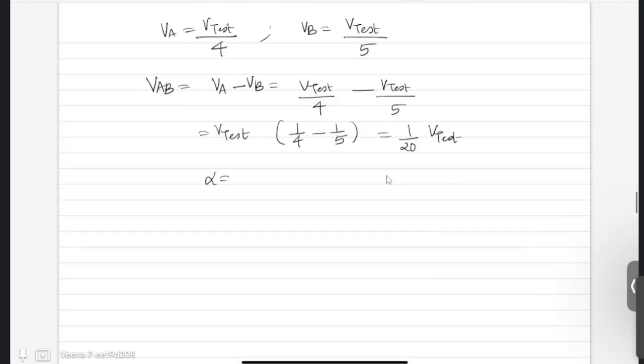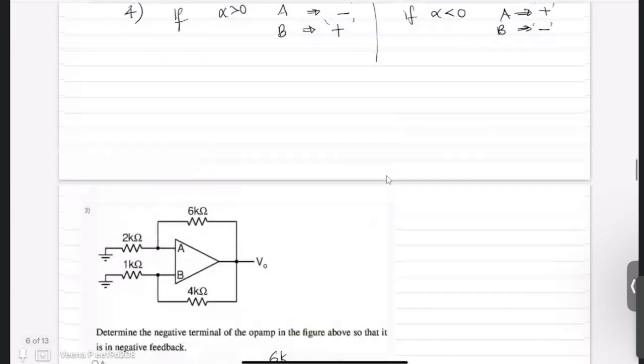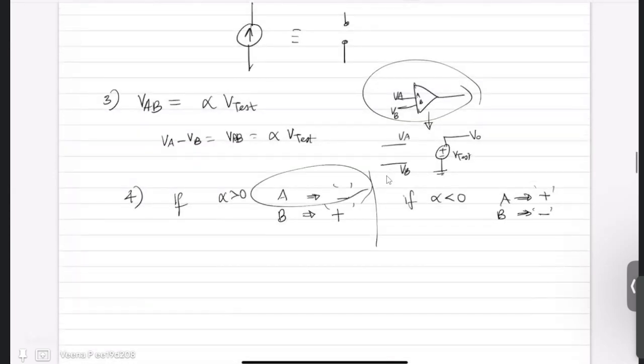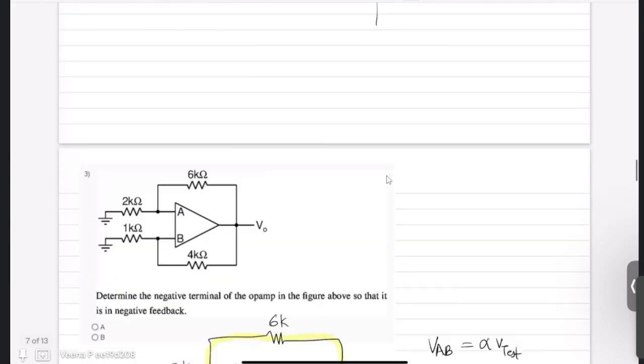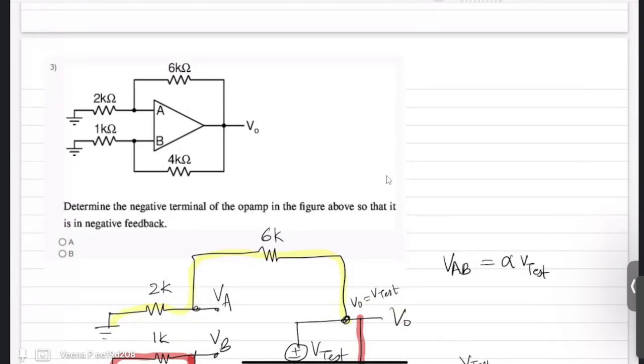So your alpha is 1 by 20, which is greater than 0. That means your terminal A is inverting and your terminal B is non-inverting. So if alpha is greater than 0, your terminal A is inverting. In the given question, we must determine the negative terminal of the op amp. The negative terminal is your inverting terminal. So that is A.